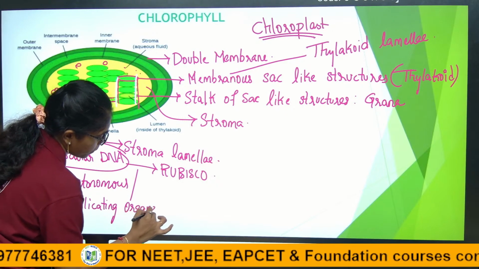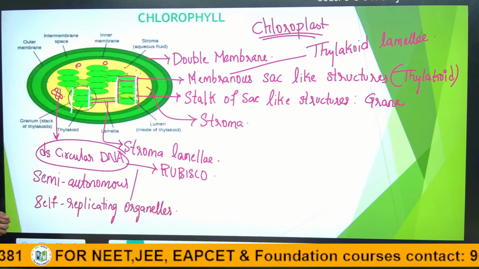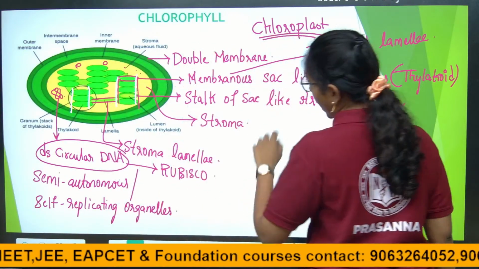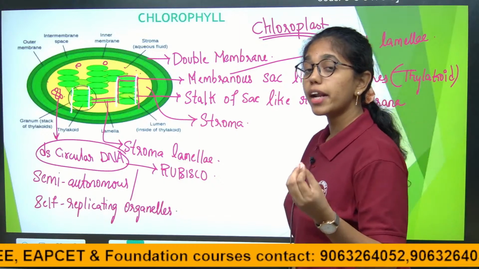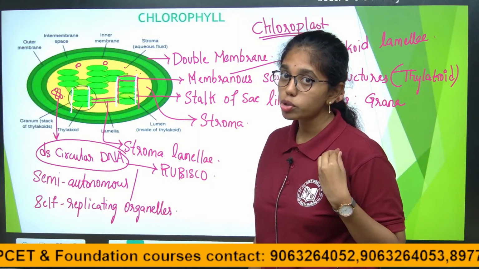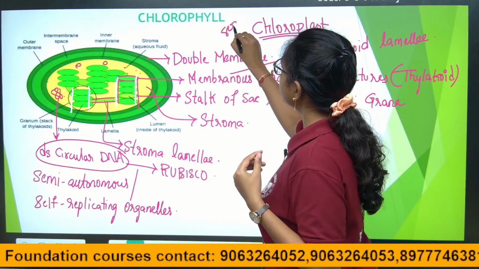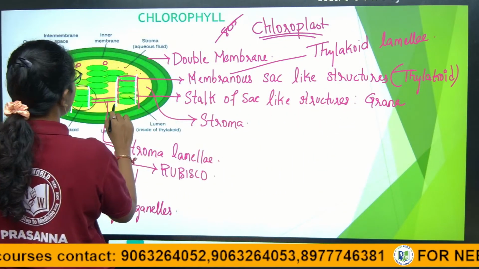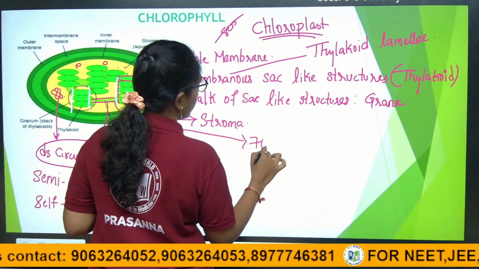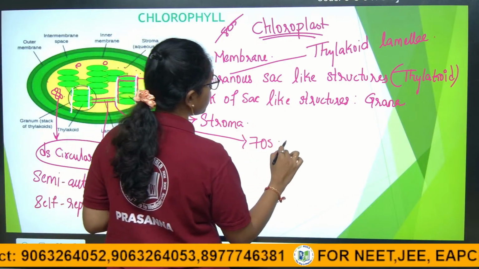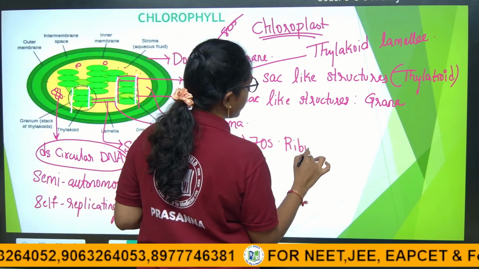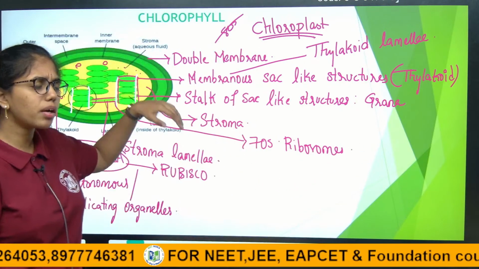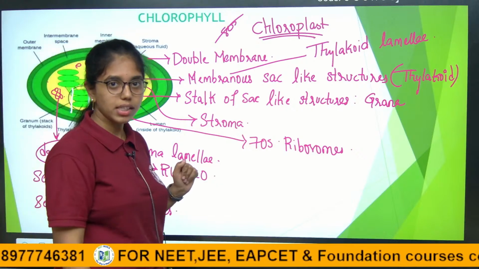This is about chloroplast structure, and we all know that eukaryotic cells have 80S ribosomes. But here in chloroplast we have 70S ribosomes. It has 70S ribosomes because it is similar to that of a prokaryotic cell.